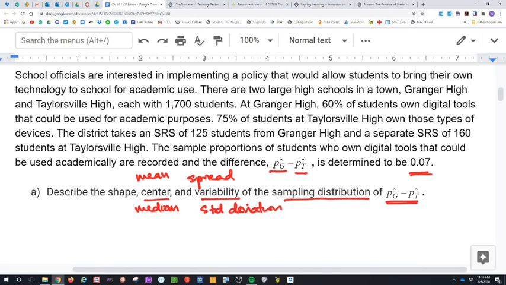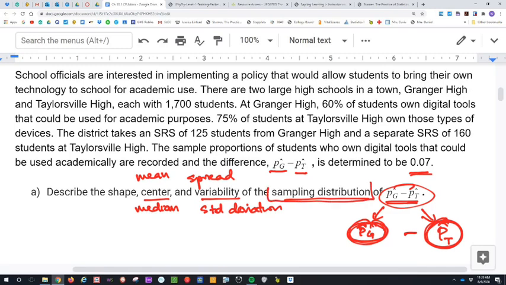What sampling distribution of this means is that every time you have a sample of P hat G and a sample of P hat T, the sample proportions, you take one sample minus another sample, then draw another sample minus another sample, and keep doing that, and that will produce the sampling distribution.